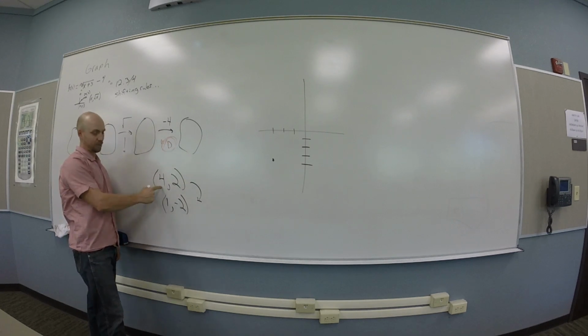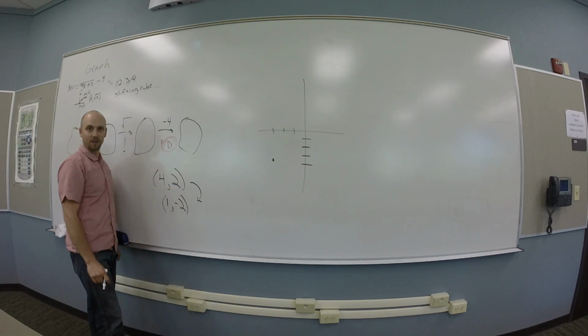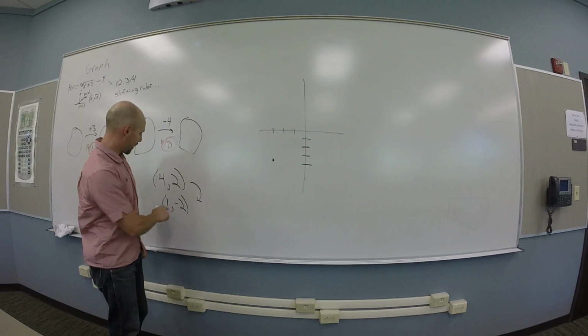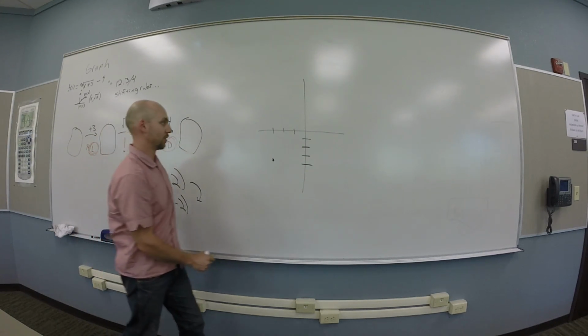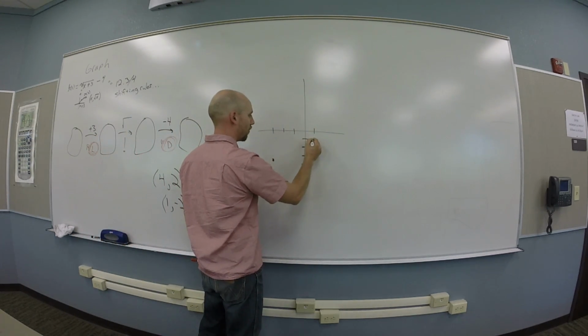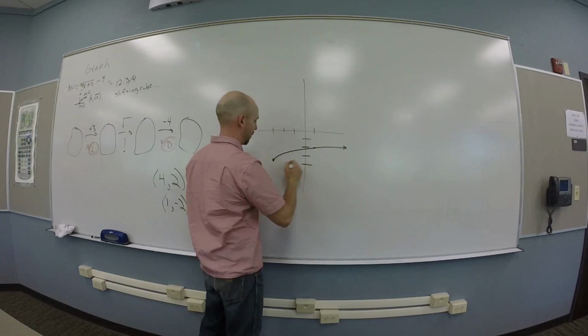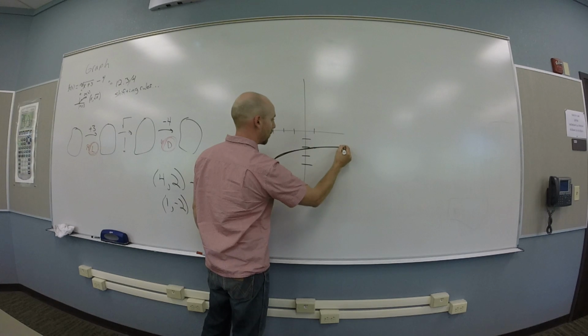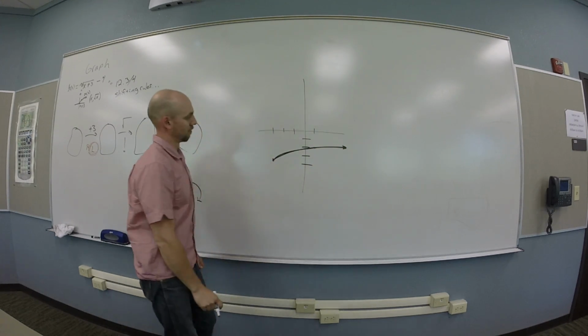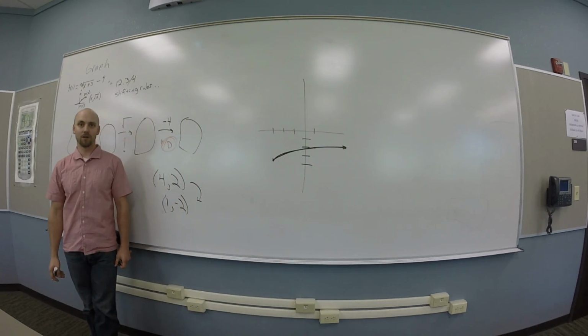Left 3 is subtract 3 from the x, and down 4 is add -4 to the y, or subtract 4 from the y. So I get 1, -2. So I go over 1, down 2. Oops. It's not my greatest picture ever, but there we go.